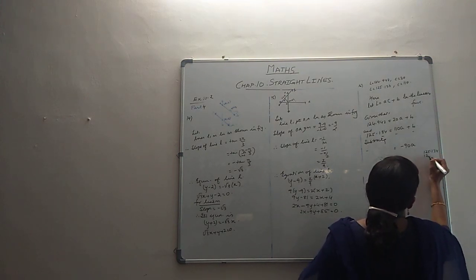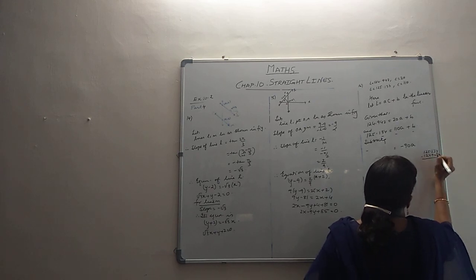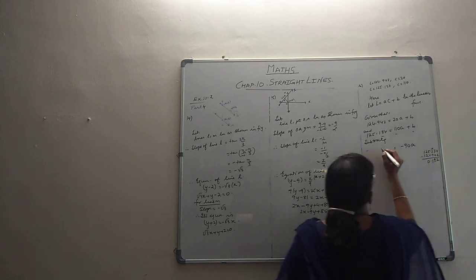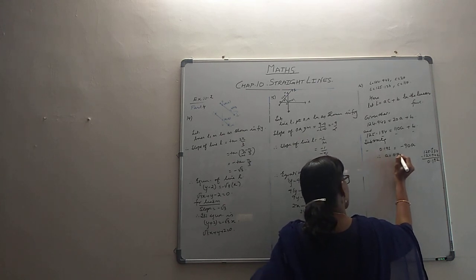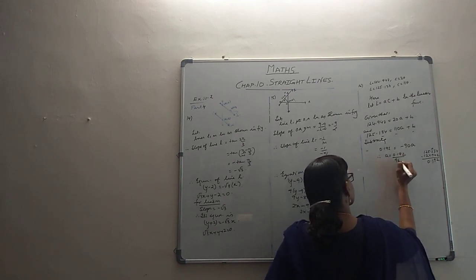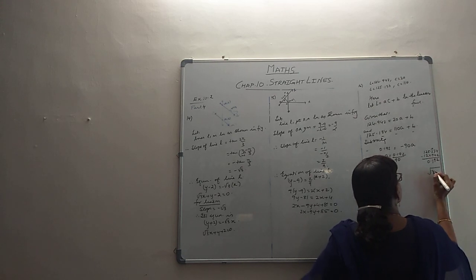Let's have this subtracted: 125.134 and 124.942. That gives 0.192. So your value of a is 0.192 divided by 90. Let's have it divided.